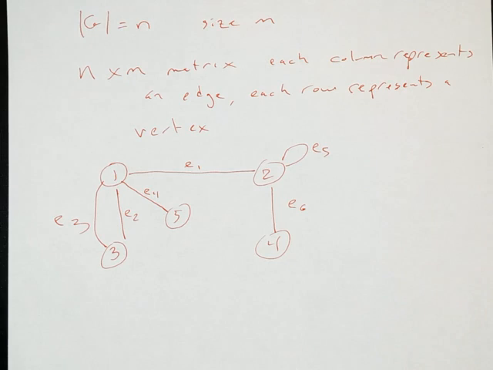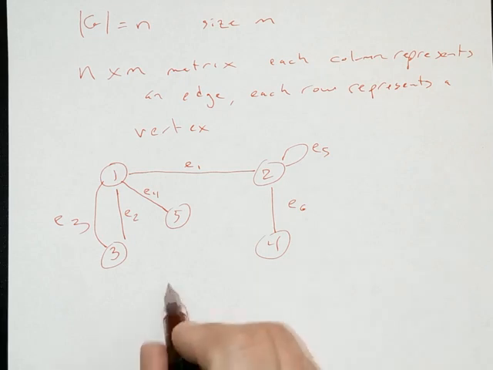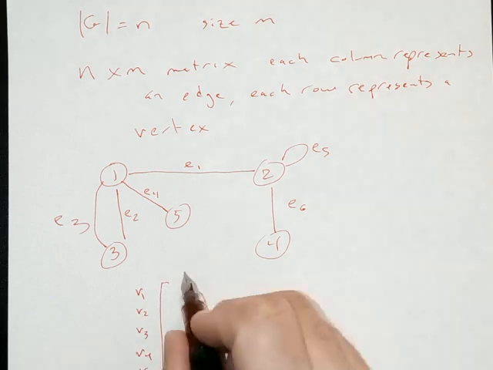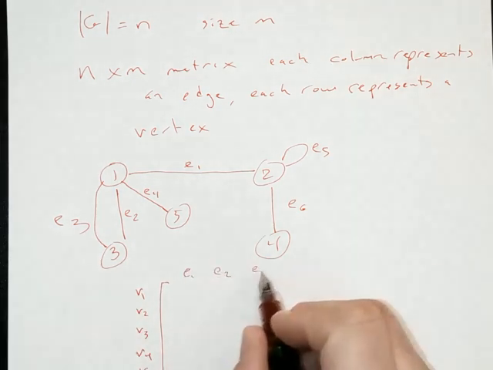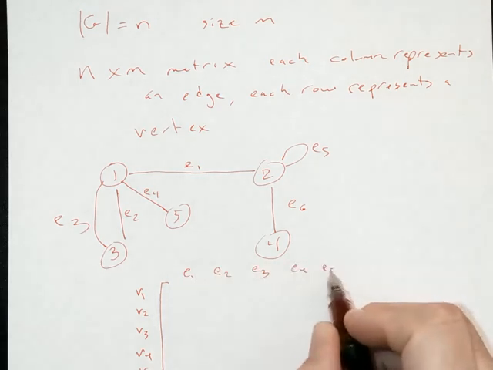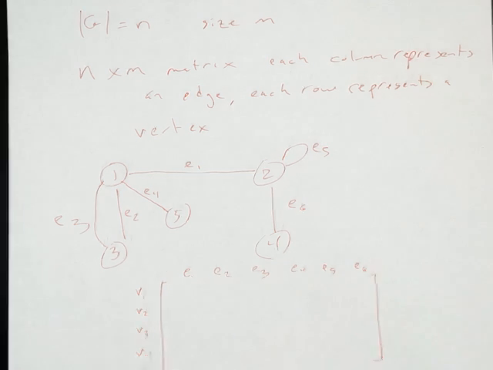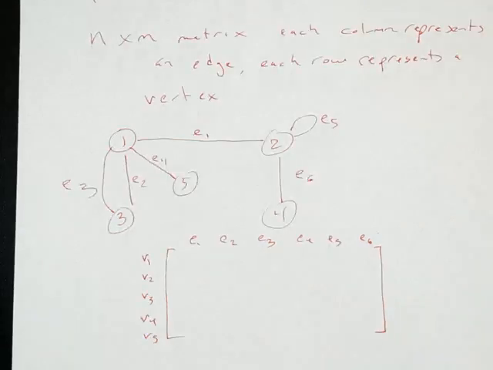Here's the basic block for my matrix. A row for each vertex, a column for each edge. This edge, edge 1. I need to indicate on here that it only deals with vertex 1 and 2, doesn't deal with 3, 4, and 5. Do the same thing we did for the adjacency. I'll put 1s where it touches and 0s where it doesn't.